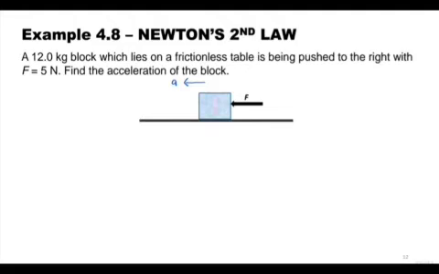Now, let's identify the forces acting on the block, which is it has weight pointing downward and normal force. There is no frictional force because it states that the table is frictionless.